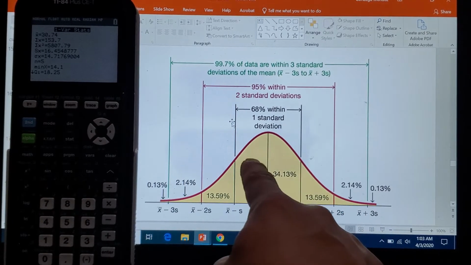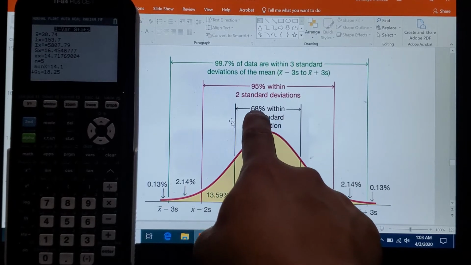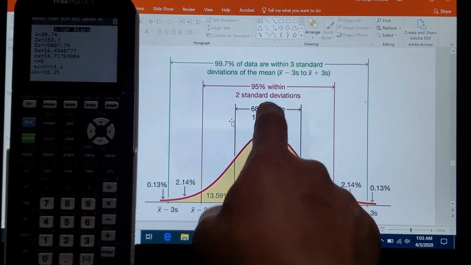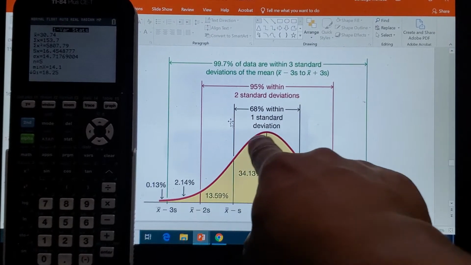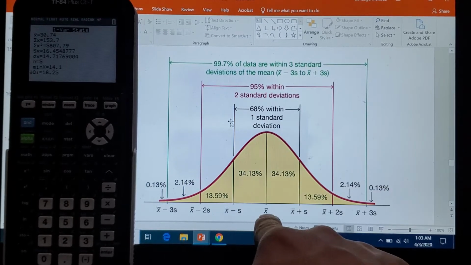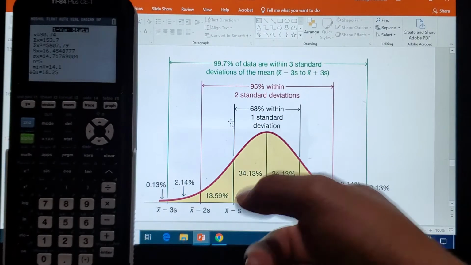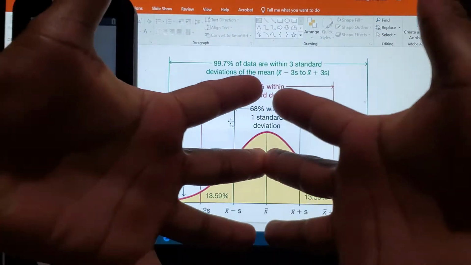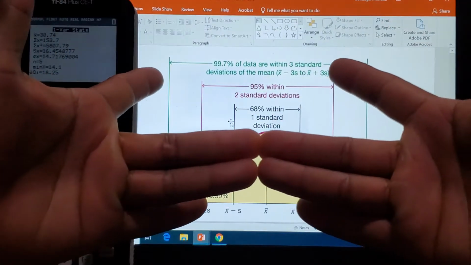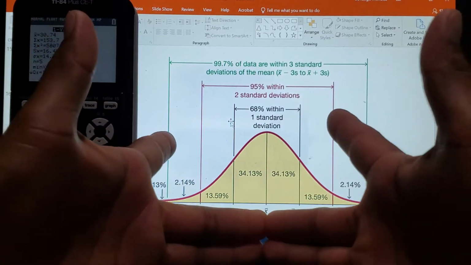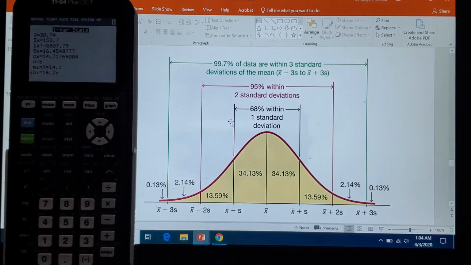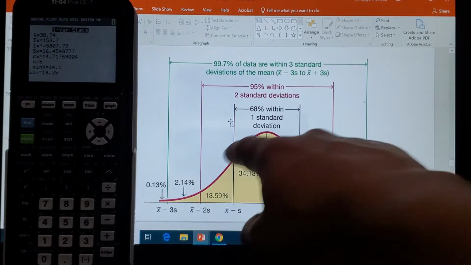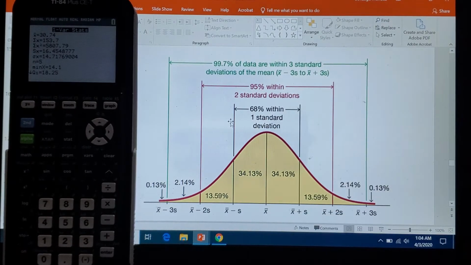Once you do that, you get approximately 68%. And this is what I'm saying about being bell-shaped and symmetric. That means if I cut this down the middle and I fold this, everything should line up nicely. You can see that if I fold perfectly here in the middle, everything will match up. So it's bell-shaped and it's symmetric.